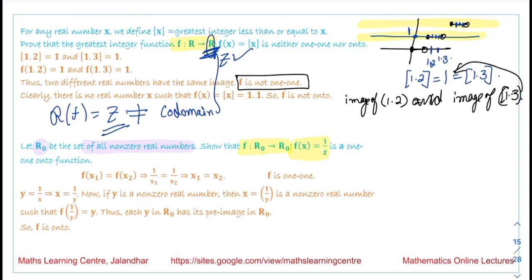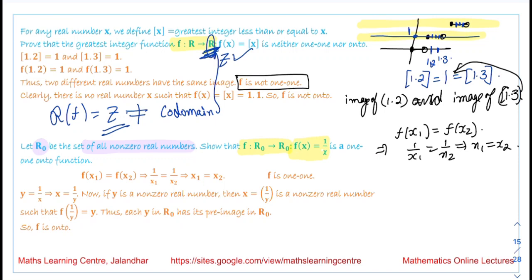To prove that it is a 1-1 function, we suppose that f of x1 is equal to f of x2 for two numbers x1 and x2. Then this implies that 1 over x1 is equal to 1 over x2, and this implies that x1 is equal to x2.